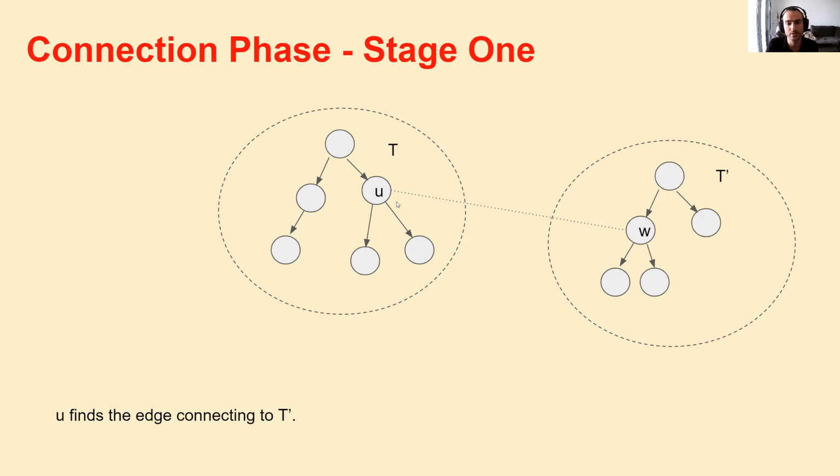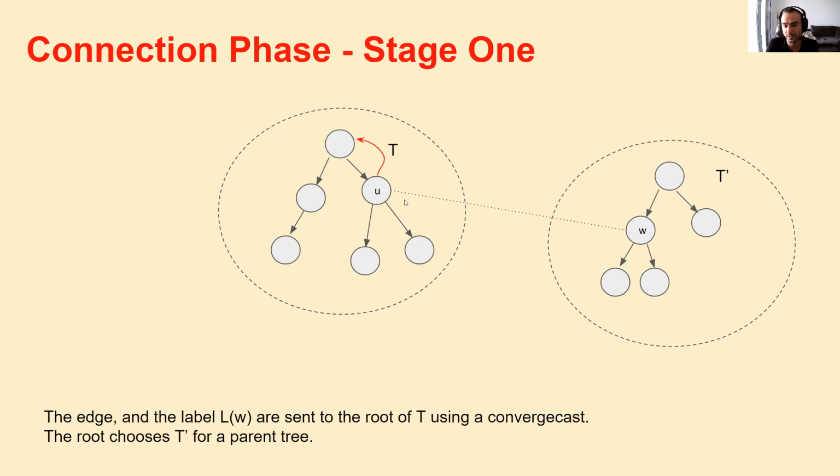How does it happen? U knows that T' has a smaller label, because this is easily achieved by having all the vertices of a tree knowing the label of the tree, and you can then send the edge up to the root.